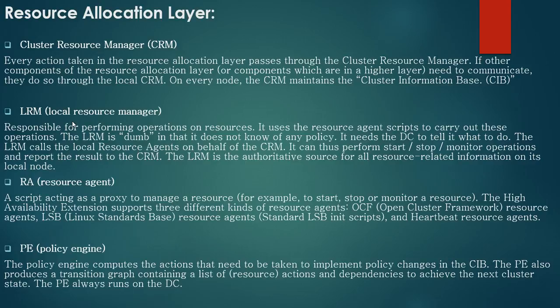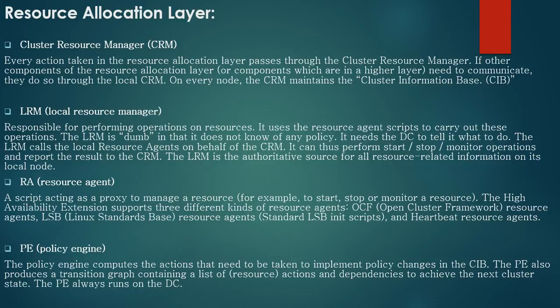Okay, so next is the LRM, the local resource manager, responsible for performing operations on resources. It acts in the role of commanding the resource agent. It plays the primary role in carrying out the commands we pass in the cluster.